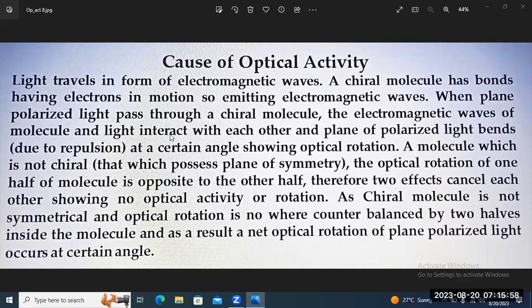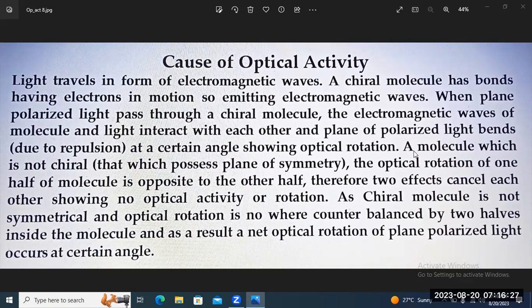When plane polarized light passes through a chiral molecule, the electromagnetic waves of the molecule and light interact with each other, and the plane of polarized light bends due to repulsion on one side at a certain angle, showing optical rotation or optical activity.